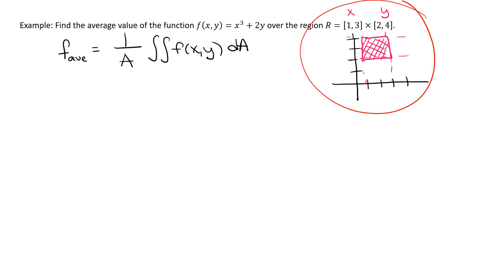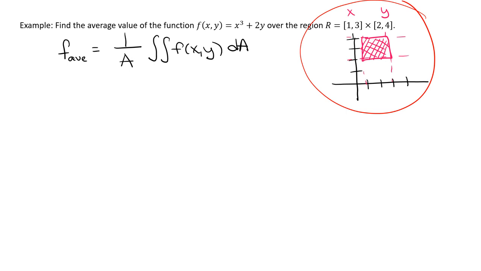It lists an interval of the x's first and then the interval for the y's. So that region is saying the x's go from 1 to 3 and the y's go from 2 to 4. So we're talking about this rectangular region.